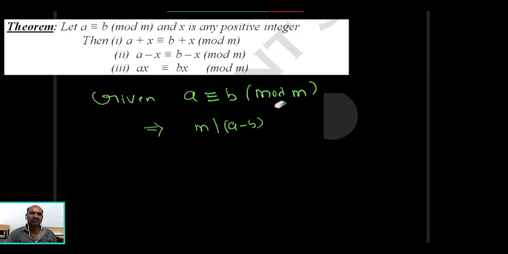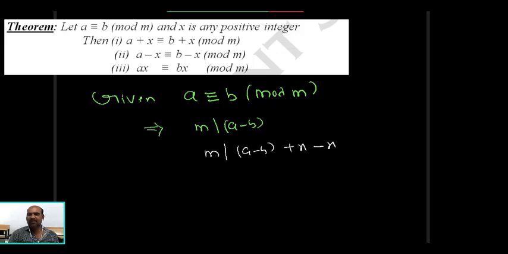That's why, listen students, M divides A minus B means M divides A minus B plus X minus X, for any integer X. Actually you will give positive, but any integer X will work. This is result number 1.